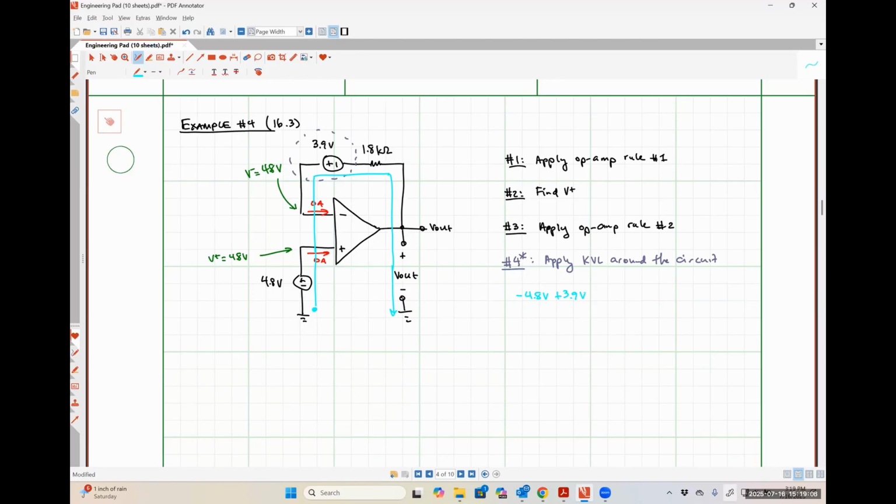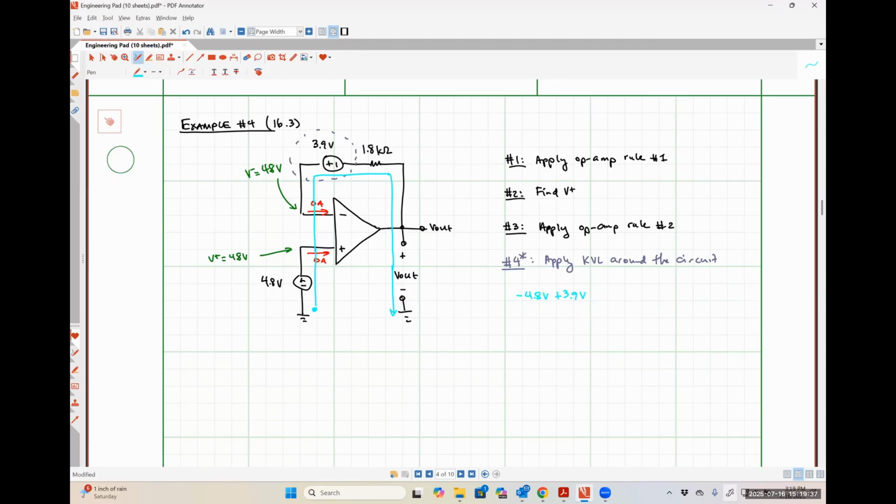I disagree. How much current is flowing through that 1.8 kilo ohm resistor? 0. Because any current flowing through that 1.8 kilo ohm resistor would be flowing into or out of the inverting input terminal, right? So op amp rule number 1 is superseding our baser instincts of using Ohm's law to find that current.